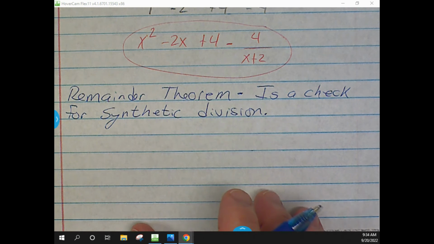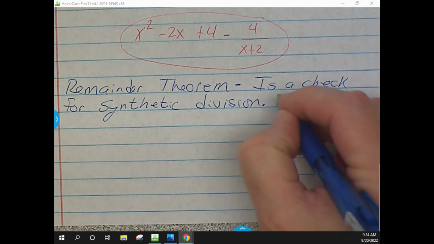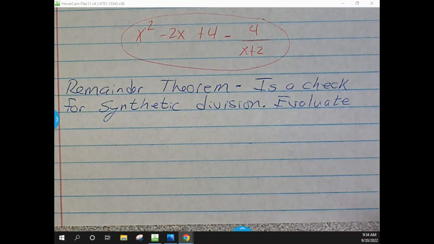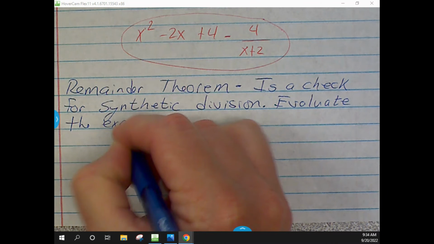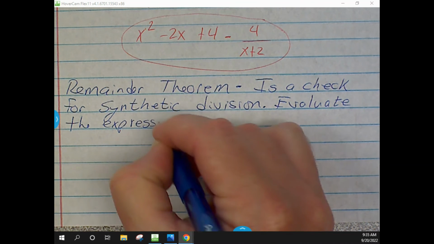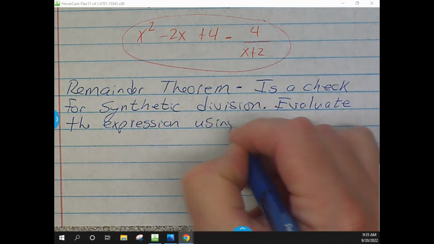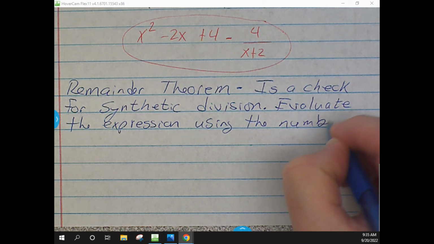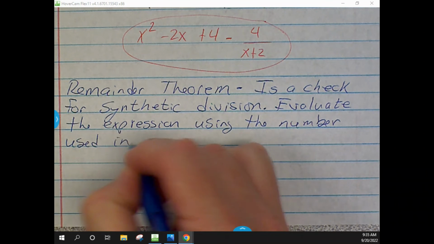Okay, and how you get to check it is basically this. You evaluate, and remember, evaluate is just another fancy way of saying plug in. You get to evaluate the expression using the number used in synthetic division.